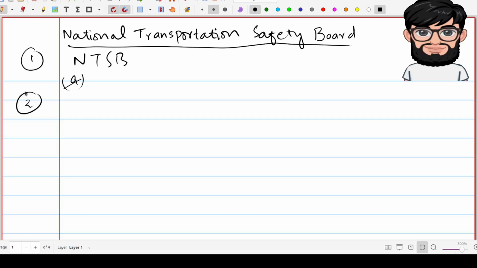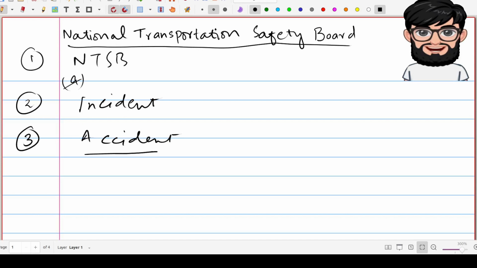Okay, what is an incident? An aircraft incident basically means an occurrence other than an accident associated with the operation of the flight. So with that, we're gonna be defining what the accident is. Again, anything that happened to the controls of the aircraft which is not considered an accident is gonna be an incident.